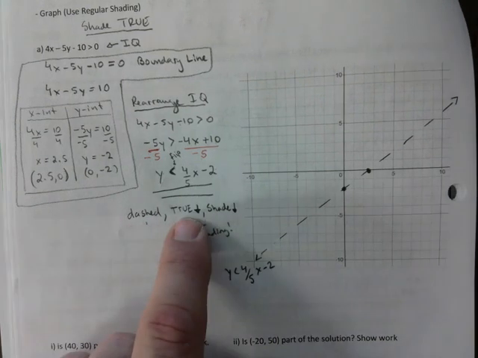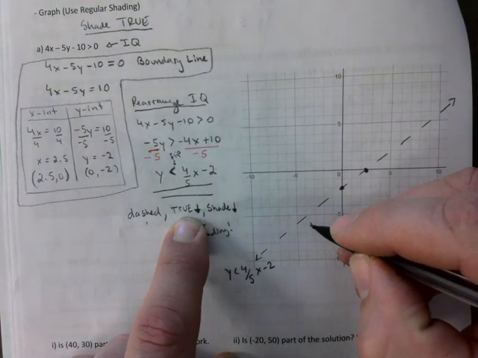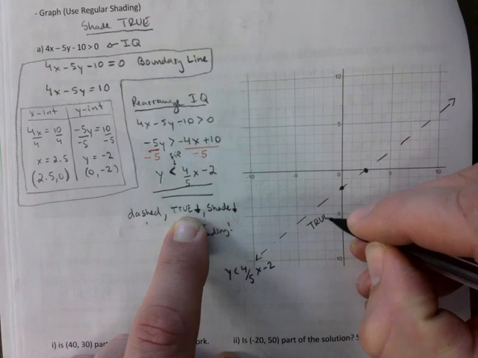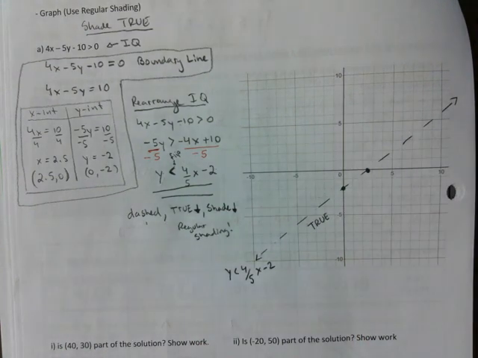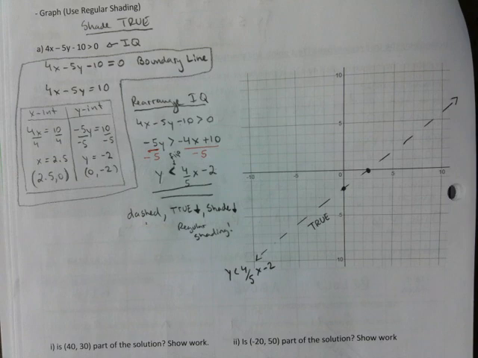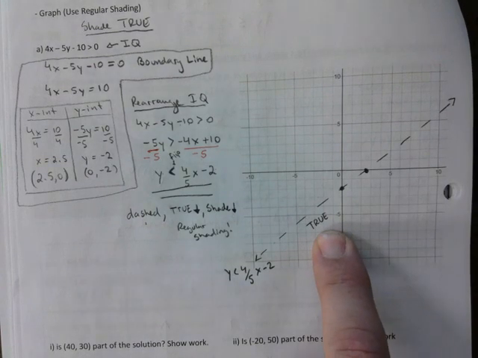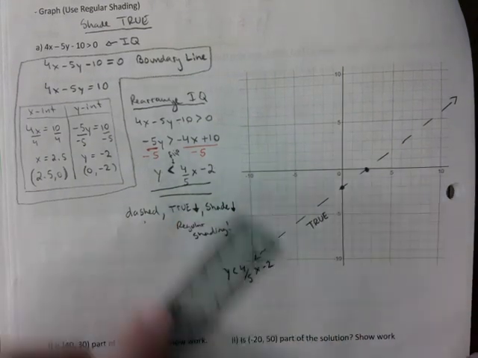And so you determine that true is below. So this is the true region. I'll just say that that's true. And I'll tell you this, if you tell me where the true region is, but you're shading reverse, you will still get marks. I care about you getting this right. Where's the true region? It's below. So we're going to shade that.